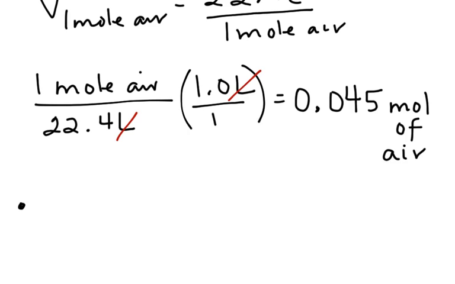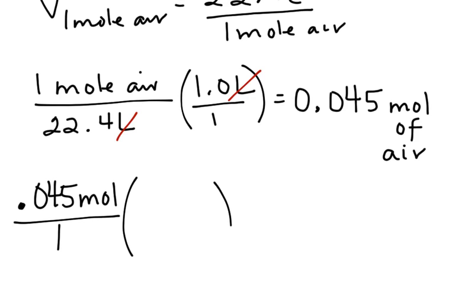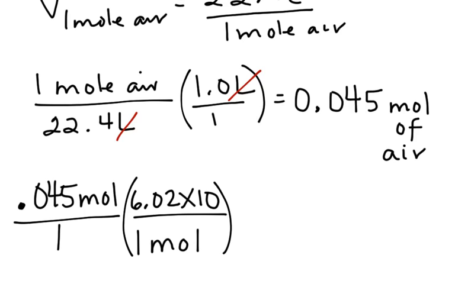Now what I want to do is to convert this value of moles to molecules. So I'm going to take my 0.045 moles of air, put that over 1, and convert moles to molecules. And I know that for every 1 mole of molecules, that's equivalent to Avogadro's number, which is 6.02 times 10 to the 23 molecules. And by multiplying those two values, the unit of moles, of course, cancels.